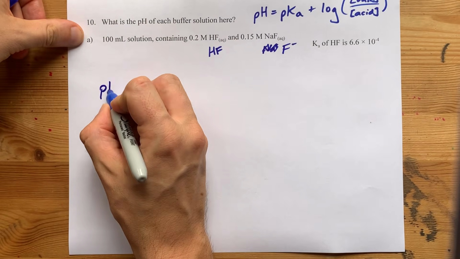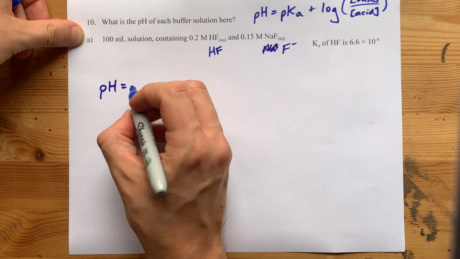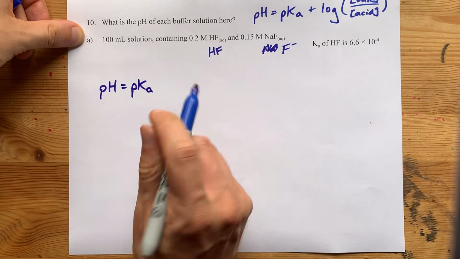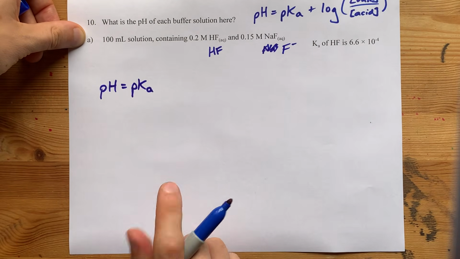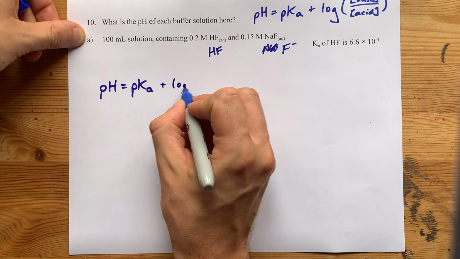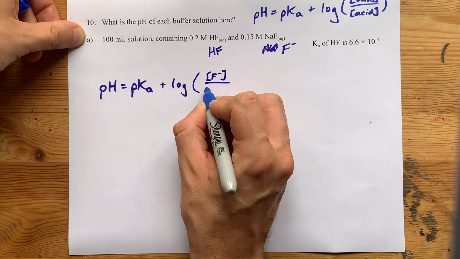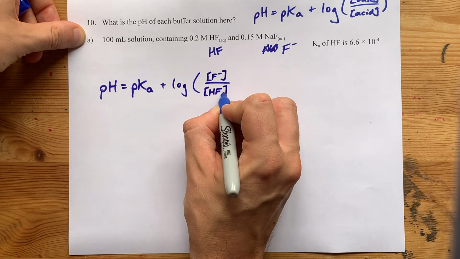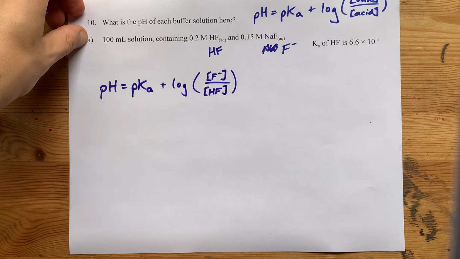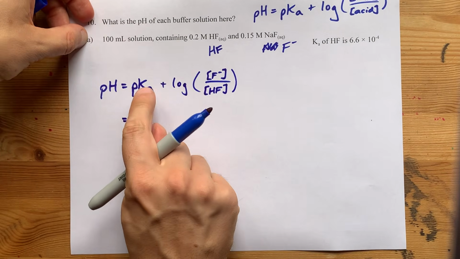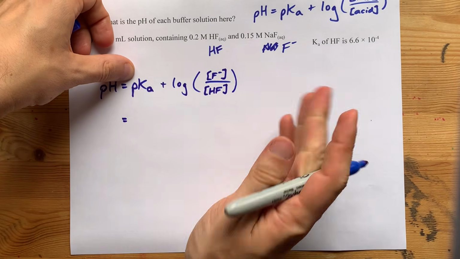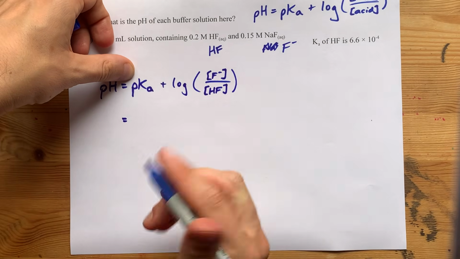So the pH of this buffer is whatever the pKa of HF is plus the log of the concentration of conjugate base over the concentration of weak acid. Now, how do you get pKa from Ka? I already told you, but I'll tell you again.